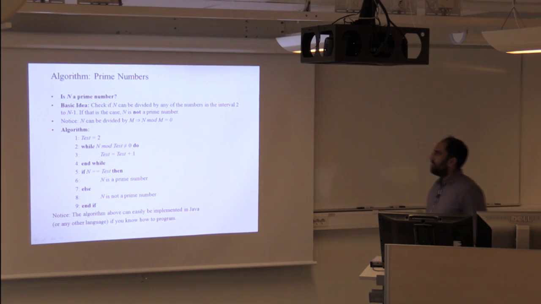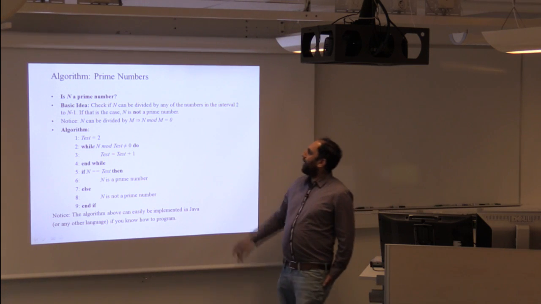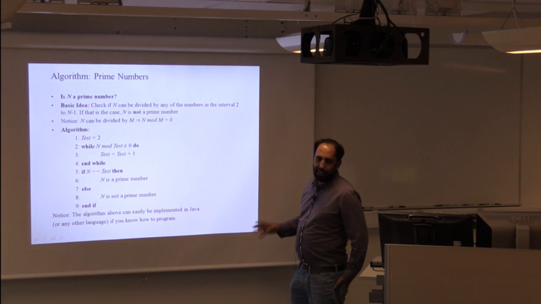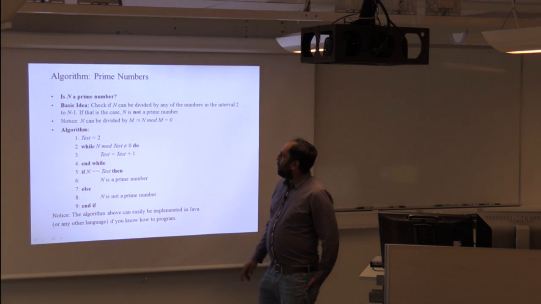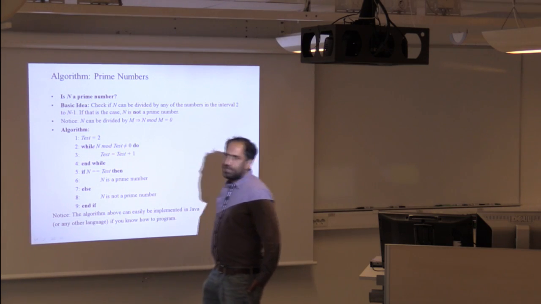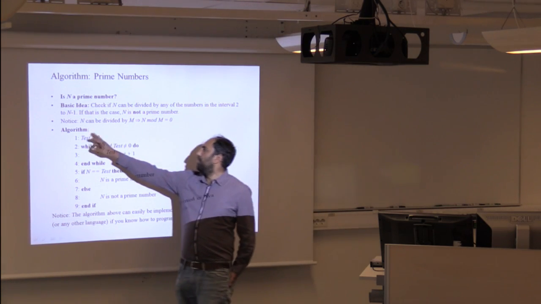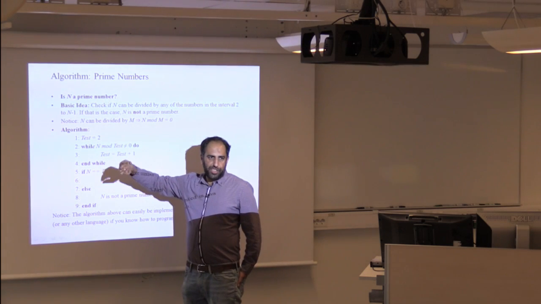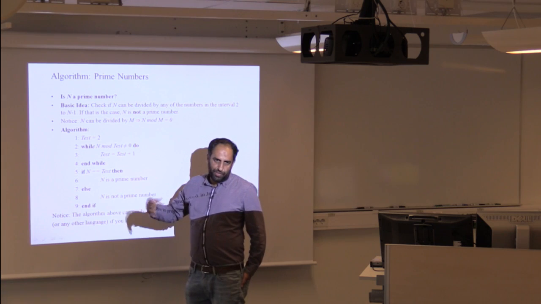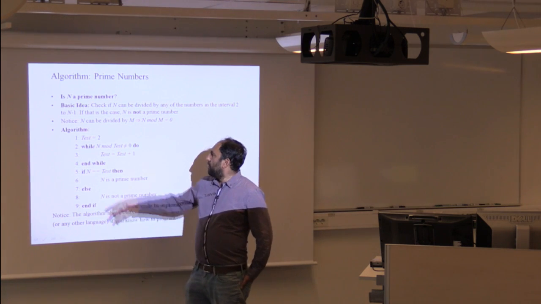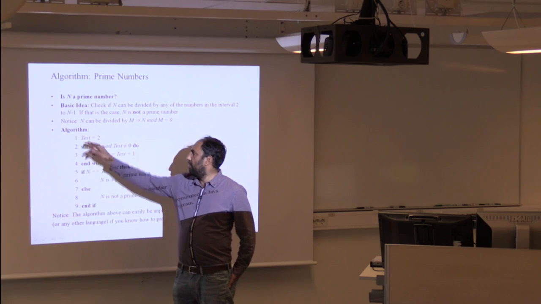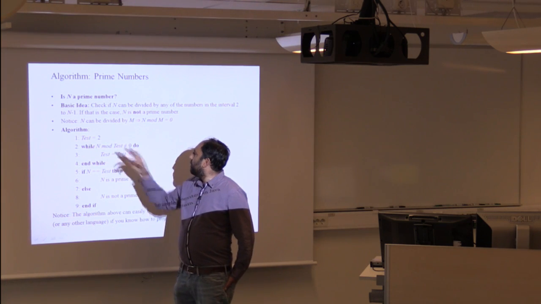The basic idea is that you keep on dividing by numbers until you find something which is divisible. So for example, here we have the algorithm. We start by checking from integer 2. If you have a number n and you want to check whether it is prime or not, you take an integer variable with the name test, and you have a loop here.